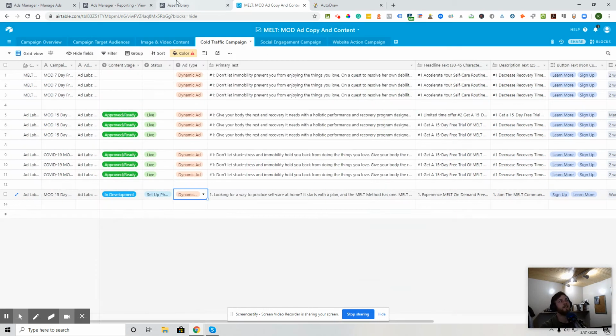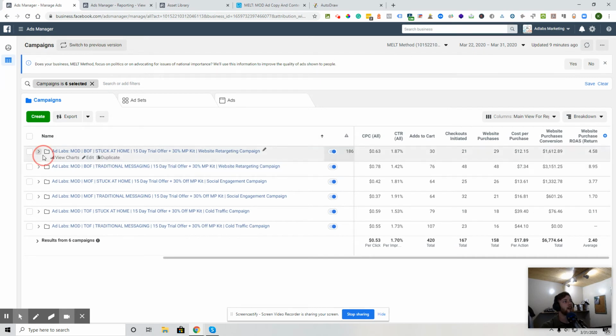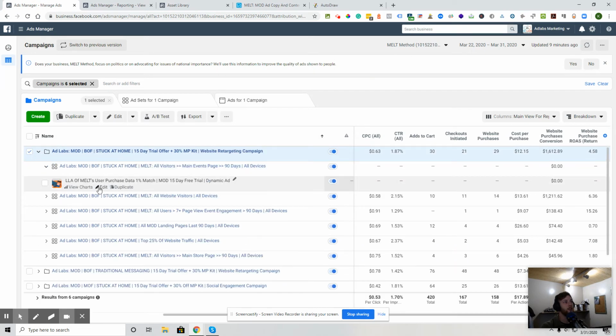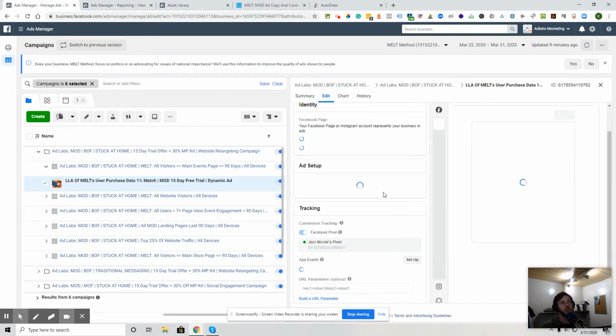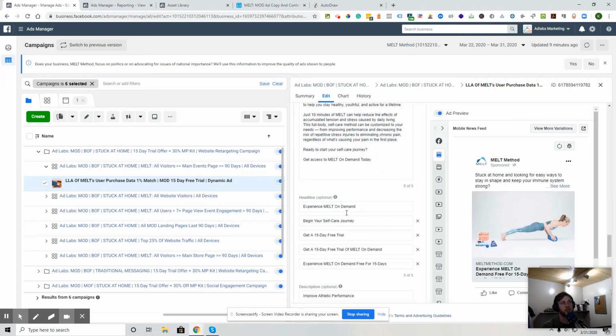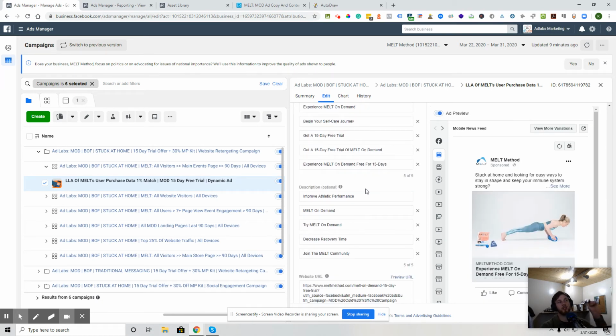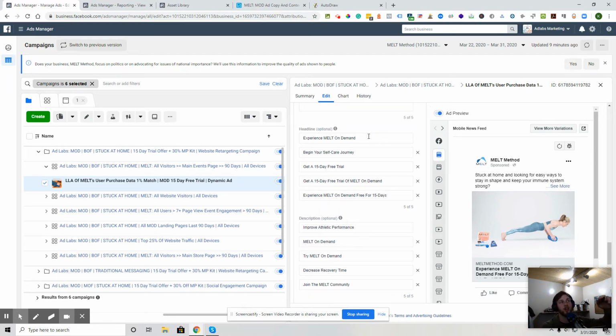I noticed that in Facebook, if I don't put these in order from the highest to the lowest converting, then it takes so much longer to start using and testing those higher converting variations. So I always recommend putting your highest to your lowest converting in order, so that you have a higher chance of Facebook trying to use the higher end variation.